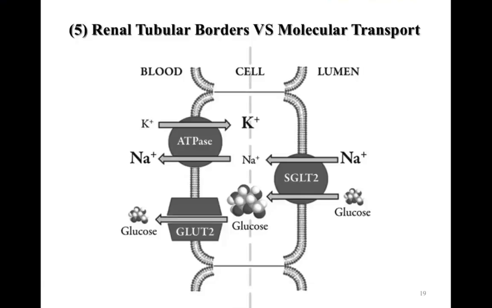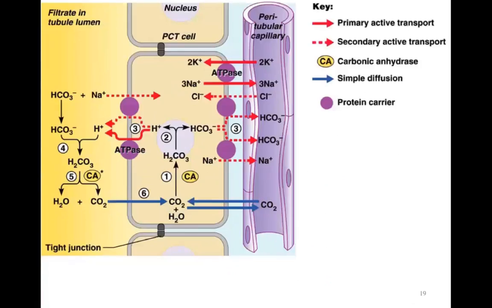The second type is counter transport, or as we call it, antiport. Usually, but not always, it takes place in the luminal border of the renal tubular cells, and it doesn't need carrier proteins here. And we're gonna have two examples of the counter transport or the antiport.